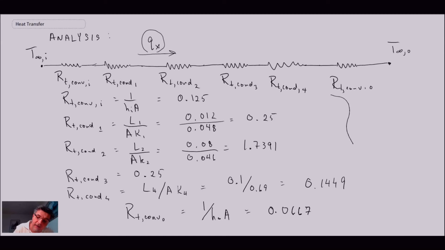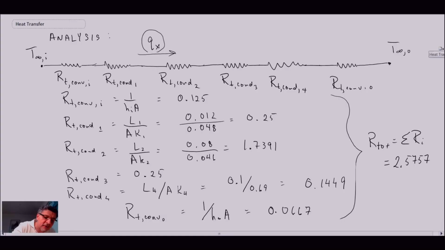What I'm now going to do, I'm going to sum all of those. And so the total thermal resistance is going to be equal to sum of each individual component, because this is a series circuit, and we get 2.5757. And with that, we can now put it into the equivalent of Ohm's law that we have for thermal resistances. So let's do that on the next slide.